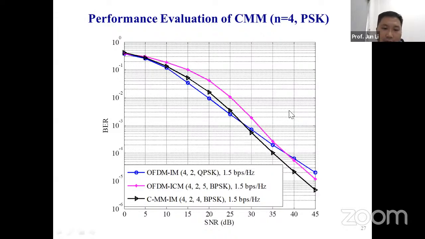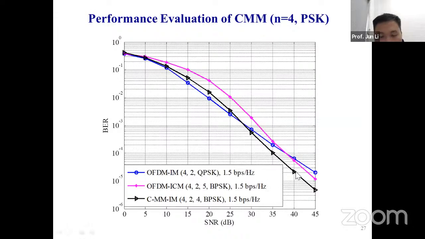From this figure, we can see that the composite multiple mode index modulation has a very big performance improvement compared to the conventional composite modulation scheme and the conventional index modulation.